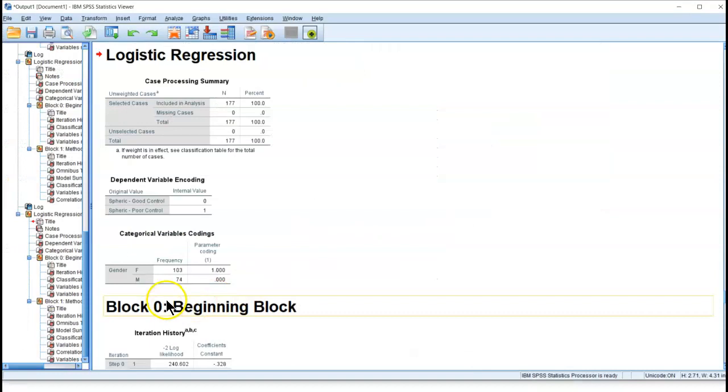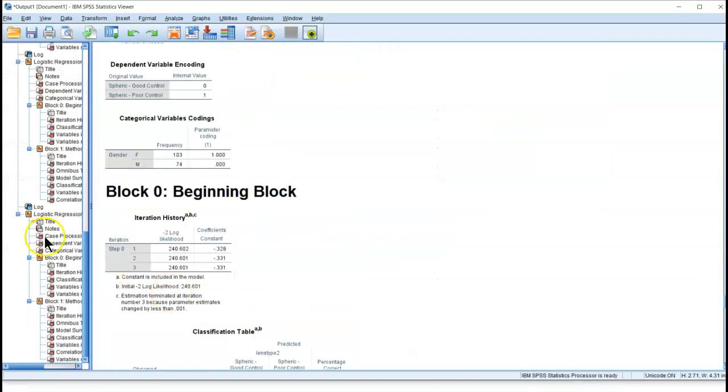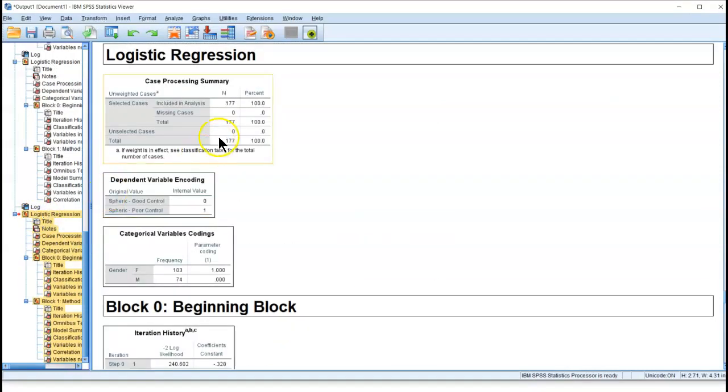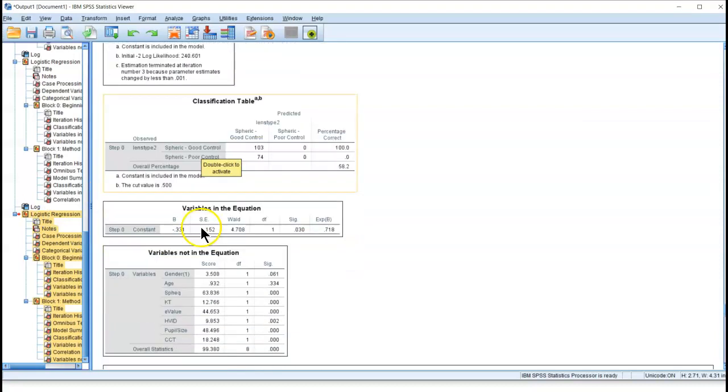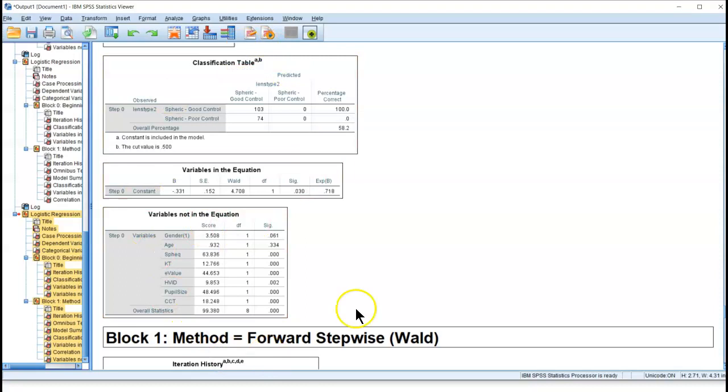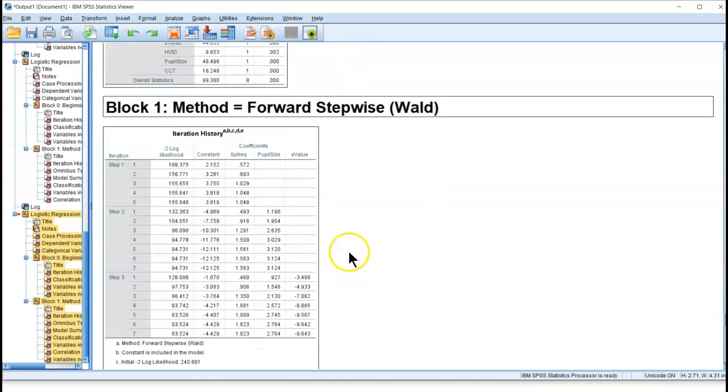So here we go. Basically everything is the same as it was before. Our classification at step 0 is all the same. These are all the variables that were there. Now, in our method 1, where we're going to start stepping, this shows the iteration history.